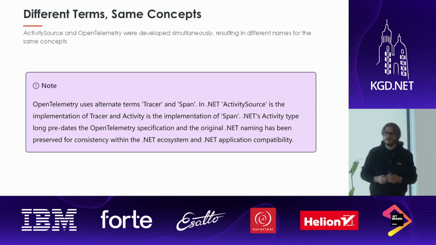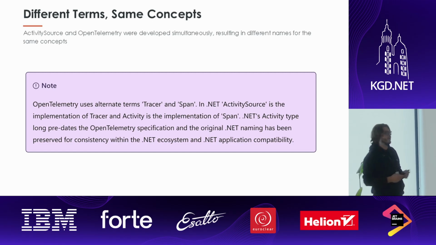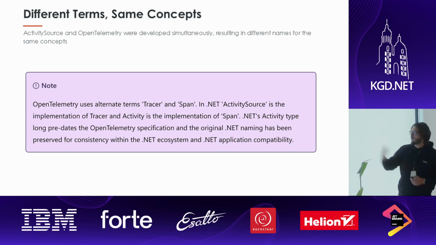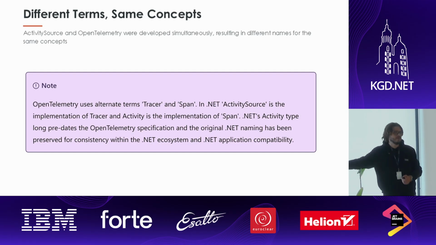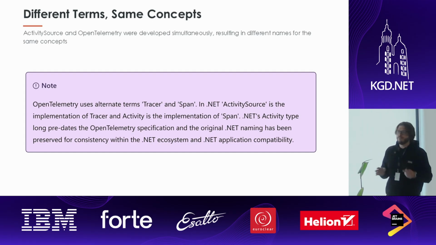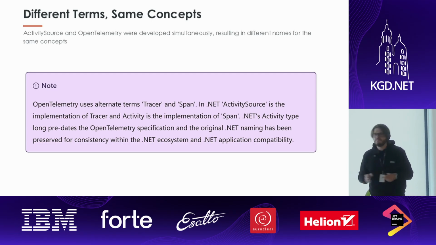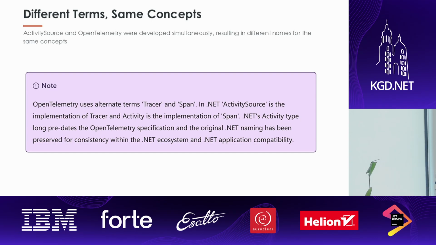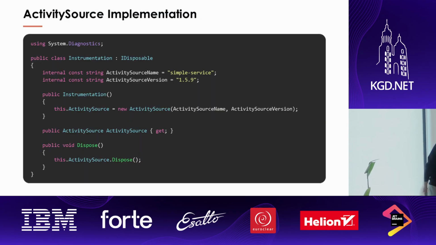For example, they call a span an activity, and a tracer is an activity source. So just keep in mind that sometimes I can say activity and it means span. That's it. We just need to keep it in mind.